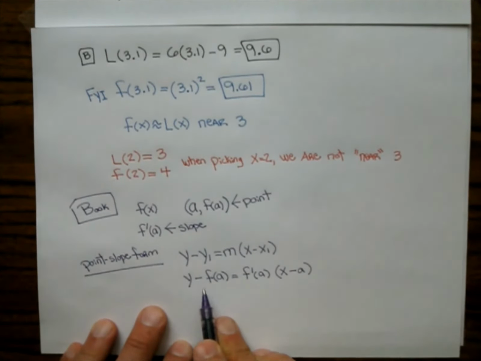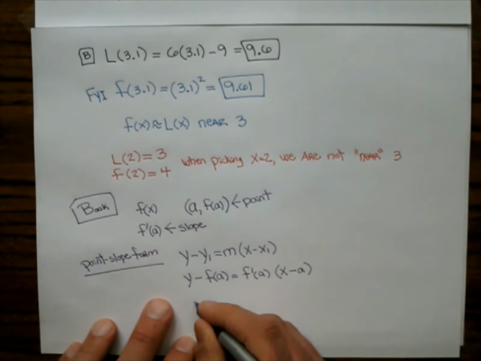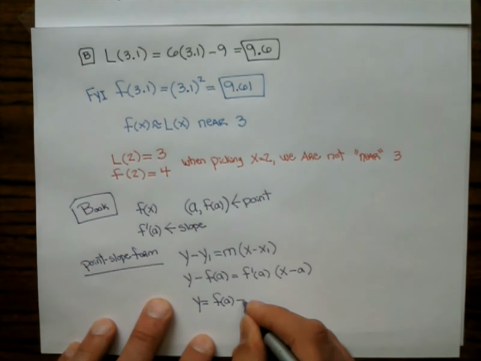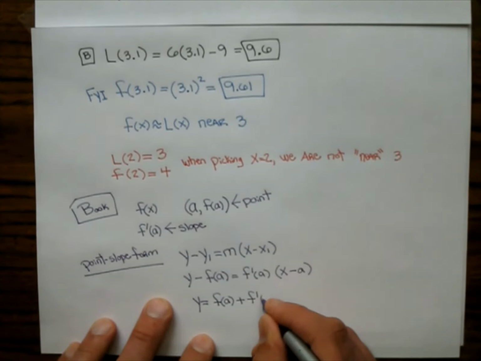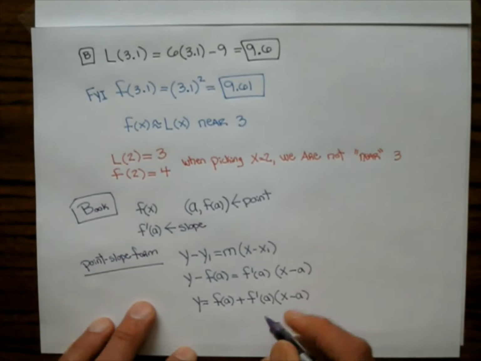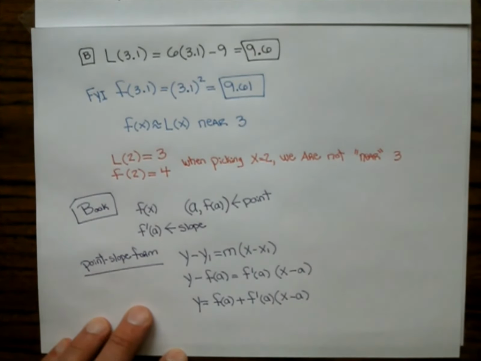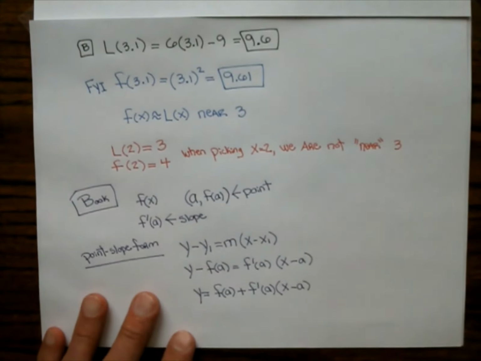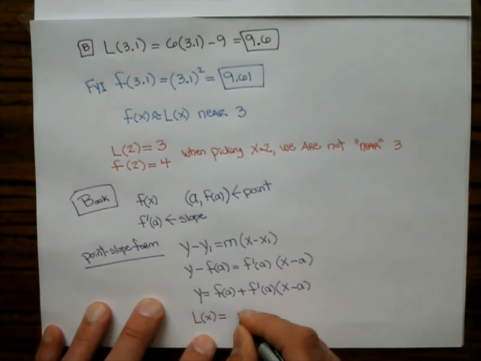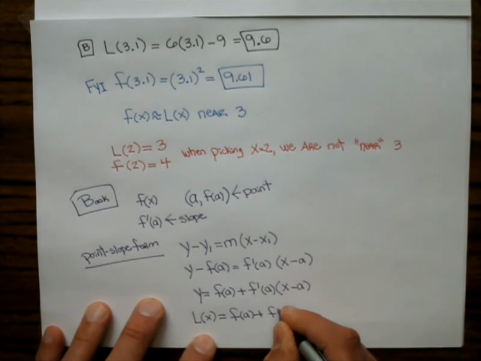I'm going to go ahead and add f of a to both sides. y equals f of a plus f prime of a times x minus a. And then what your book does is they say, oh, guess what? This right here is L of x, which is f of a plus f prime of a times x minus a.